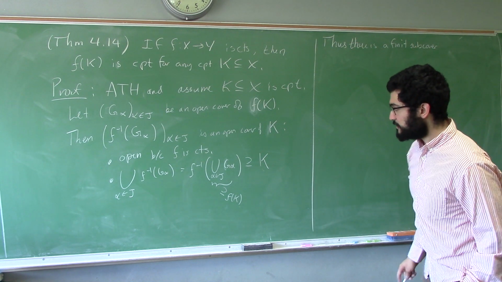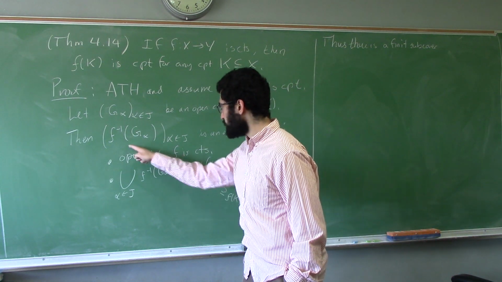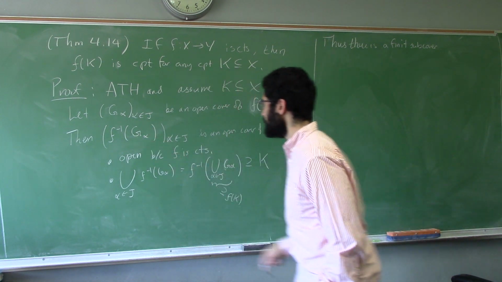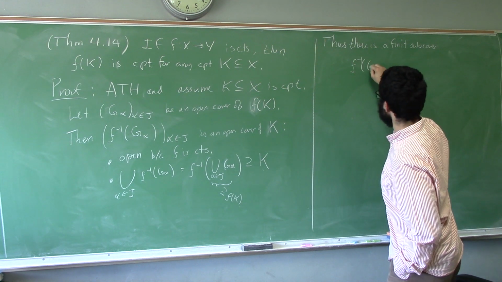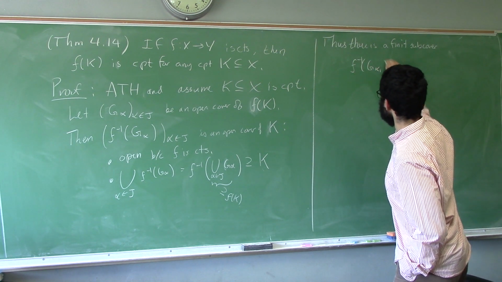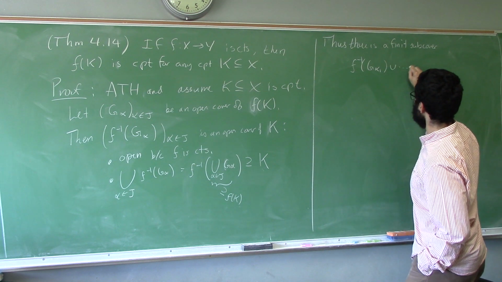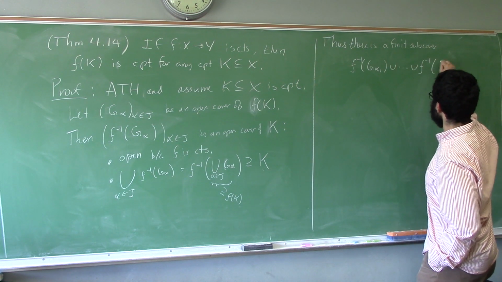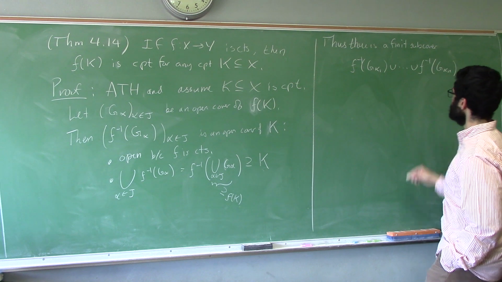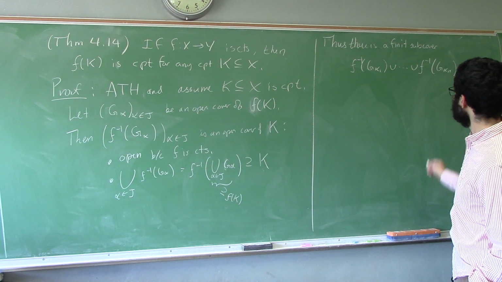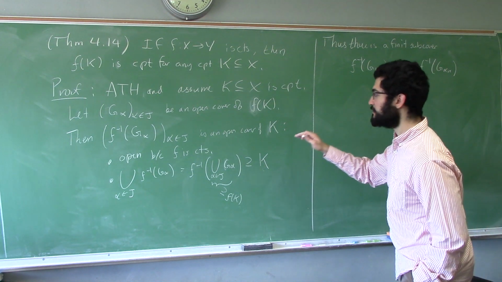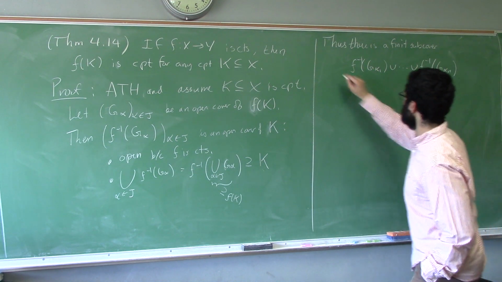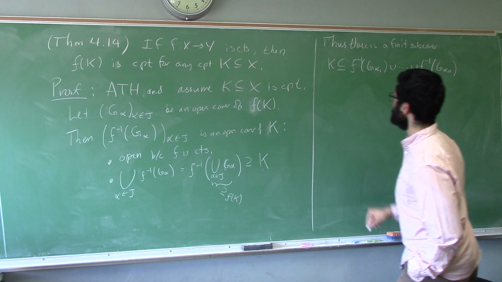A finite subcover of K, so a finite subcollection of this family, let's say indexed by alpha_1 up through alpha_n. And to say that this is a subcover of K is to say that this union contains K as a subset.